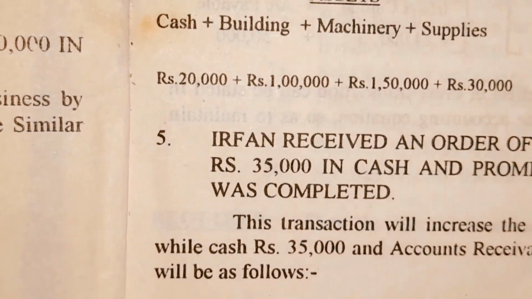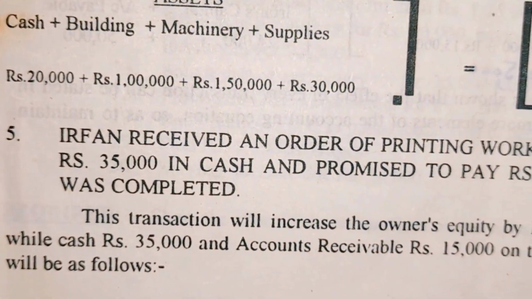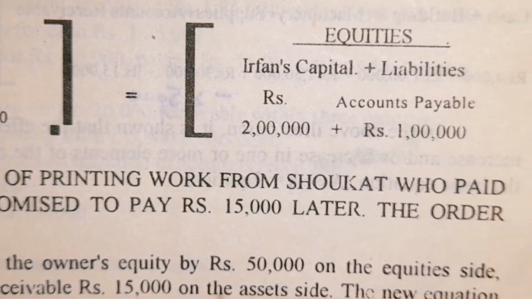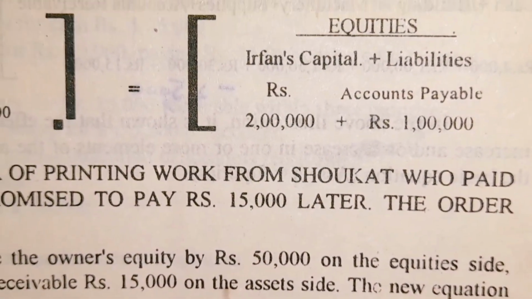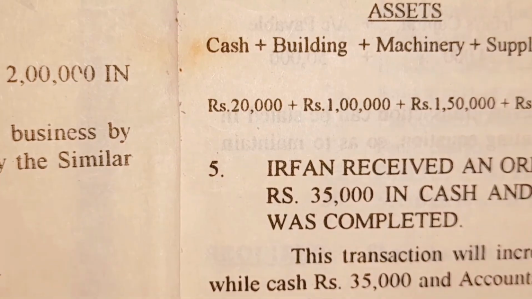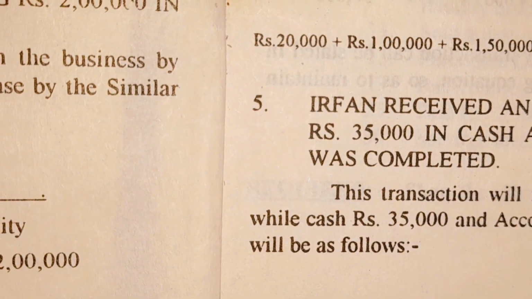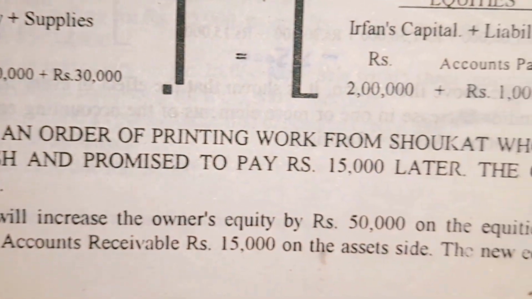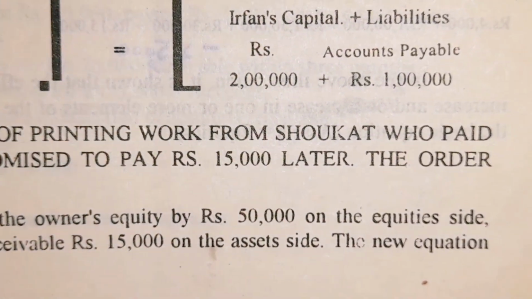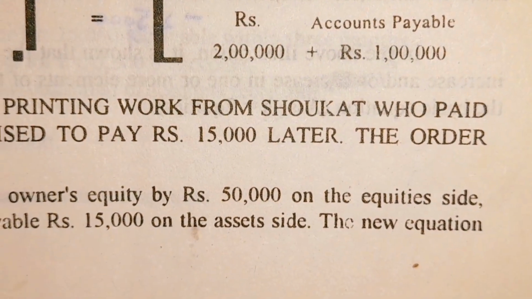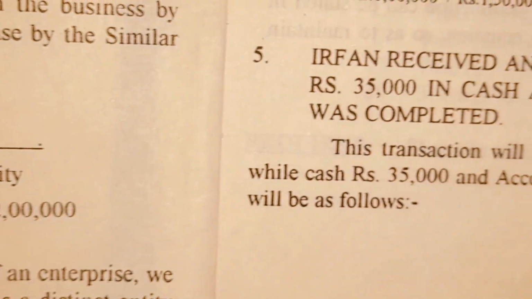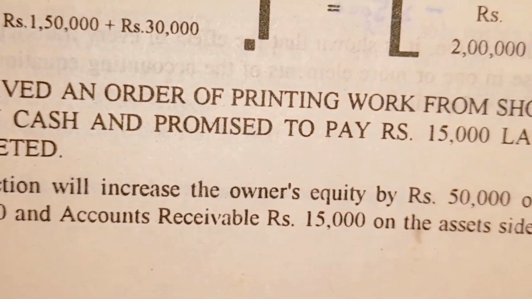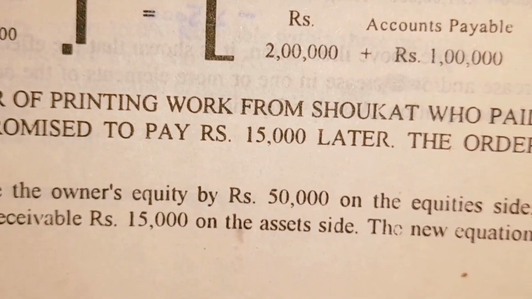Irfan received an order of printing work from Shaukat, who paid rupees 35,000 in cash and promised to pay rupees 15,000 later. The order was completed. This transaction will increase the owner's equity by rupees 50,000 on the equity side, while cash rupees 35,000 and accounts receivable rupees 15,000 on the assets side.